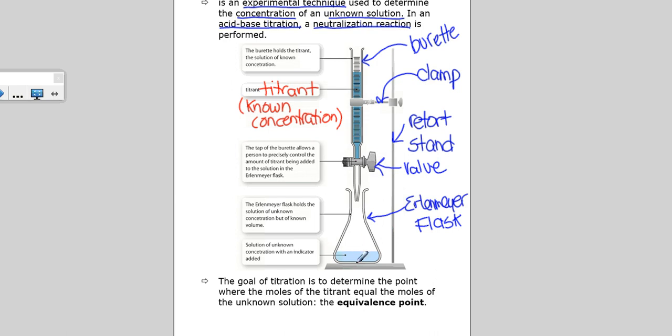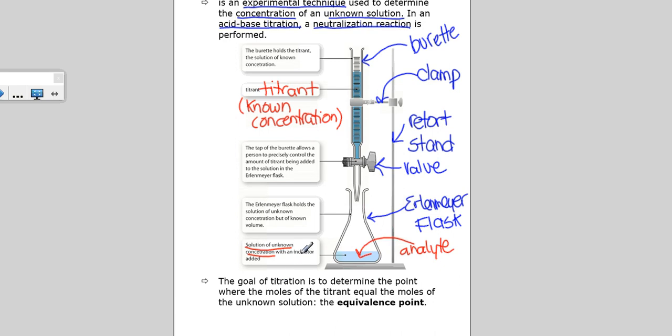Then you have another solution down in the Erlenmeyer flask. So this solution in here is your analyte. The analyte is what you're analyzing. You don't know the concentration. So it's a solution of unknown concentration.